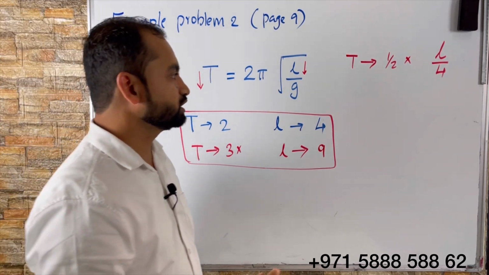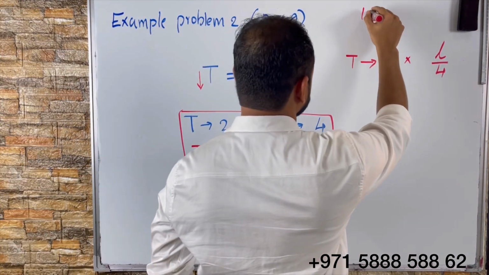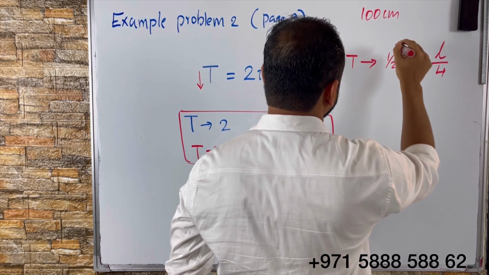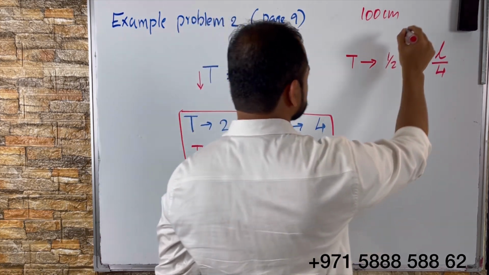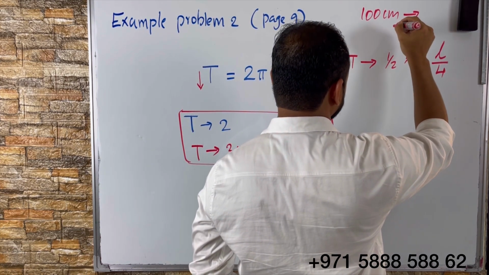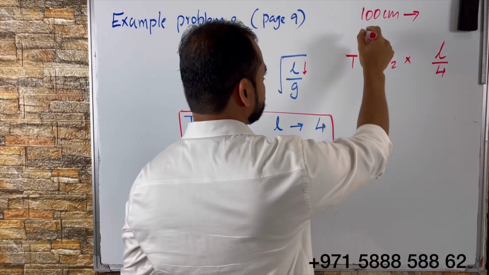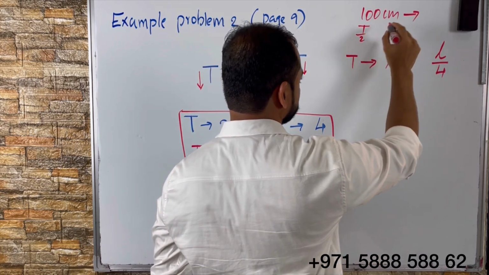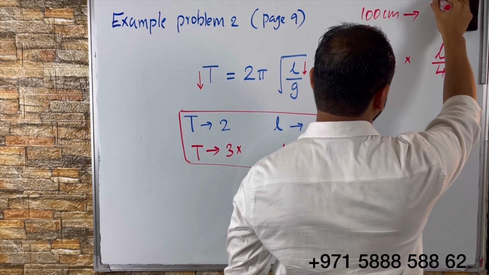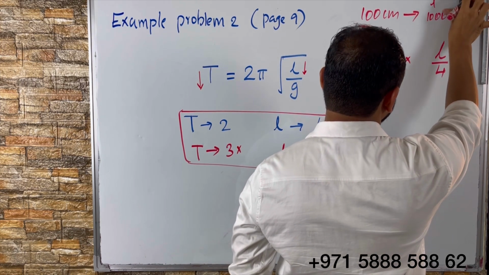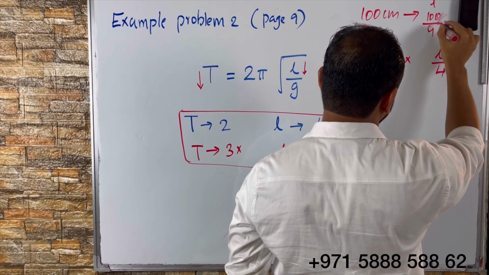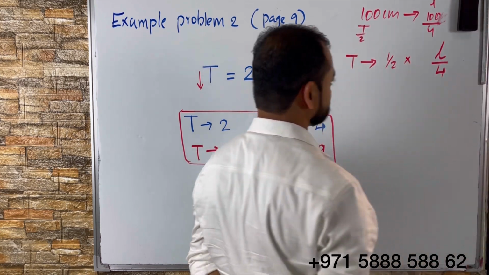For example, if the length is before 100 centimeter and you want to reduce the time period to half, then you have to reduce the length to 100 divided by 4, that is equal to 25 centimeter, right?